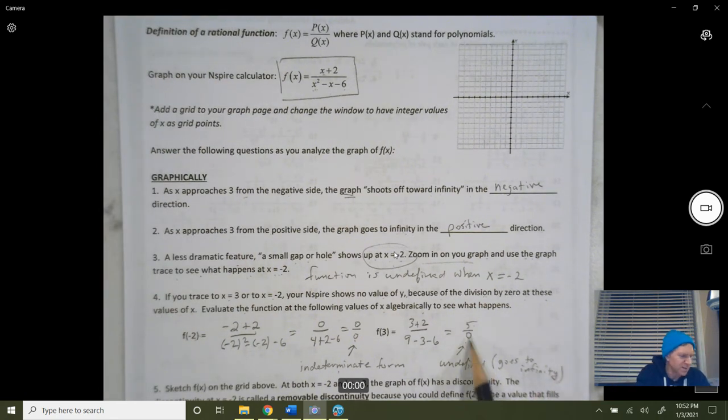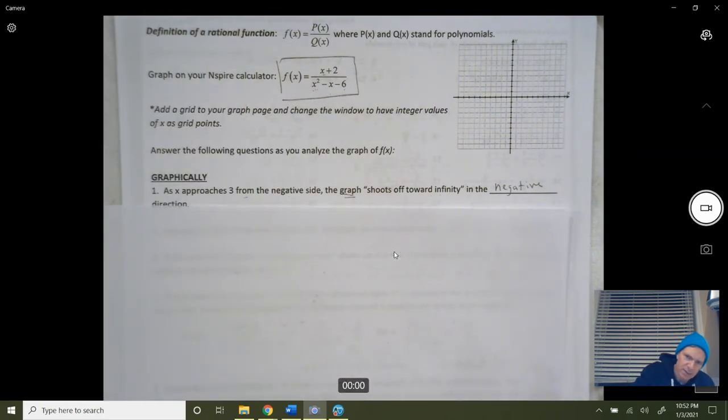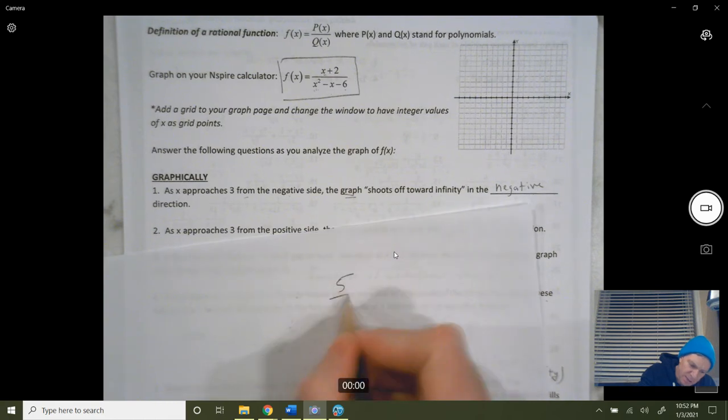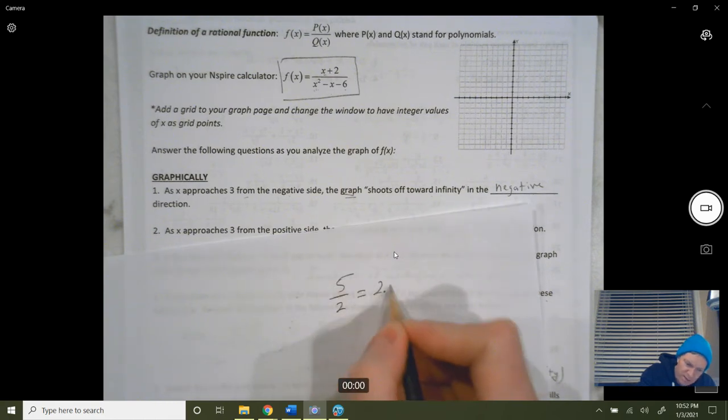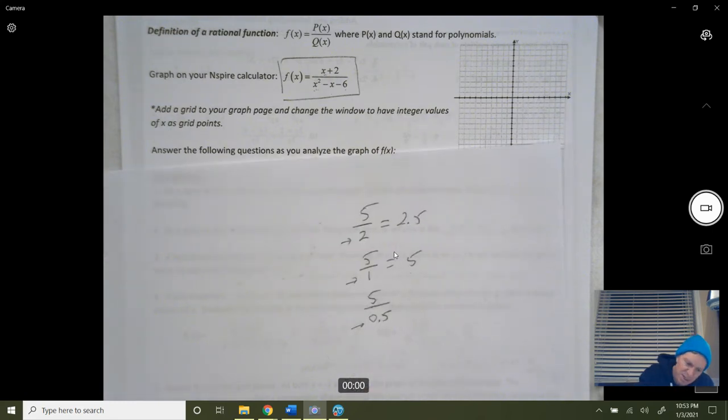And that makes sense. If you think about what happens when you're dividing numbers, if we had, let's say, 5 divided by 2, well, that's 2.5. 5 divided by 1, well, that's 5. 5 divided by 0.5. When your numerator stays the same but your denominator gets smaller, you're dividing by a smaller number, so your fraction gets bigger. 5 divided by 1/2 is 10.